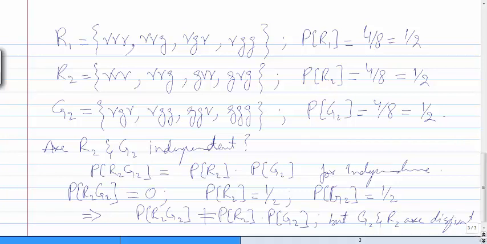Now let's do the next example. The next one is: R1 and R2 are independent. So this is the next question. We have to calculate the probability of R1 R2.